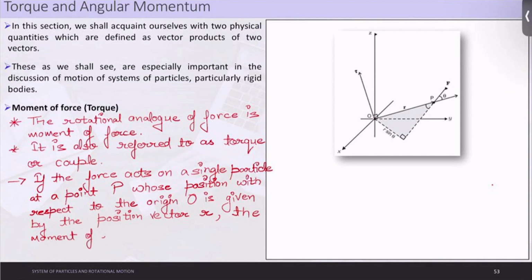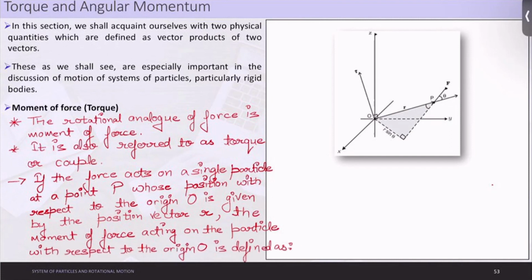So the moment of force acting on the particle with respect to the origin O is defined as tau. So this is called tau.